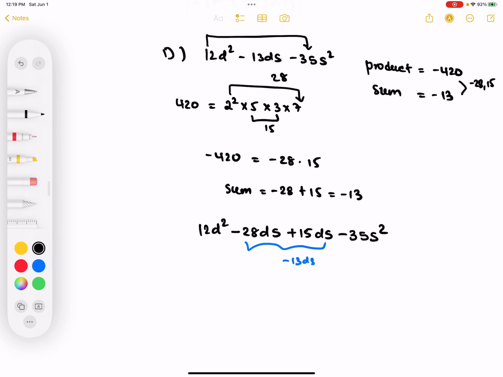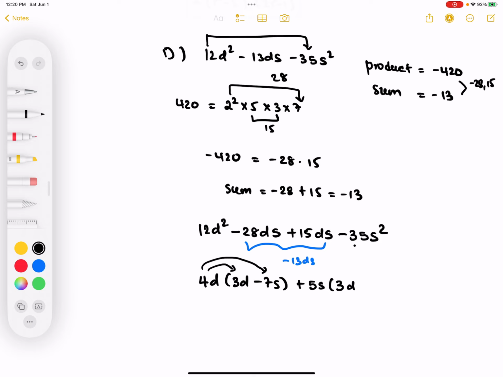Now let's factor the 12 and 28. So I have a factor 4d, 3d then minus 7s. Look at it, when you distribute, it should give you 4 times 3d is 12d squared, and this times this one is minus 28ds. That is okay. Then for the second one, I can factor out 5s, and inside it is 3d, right?